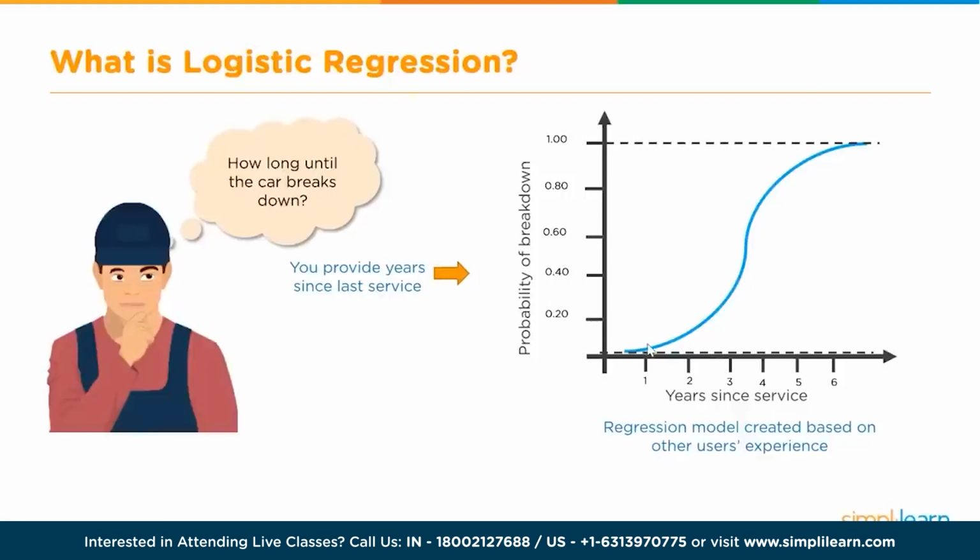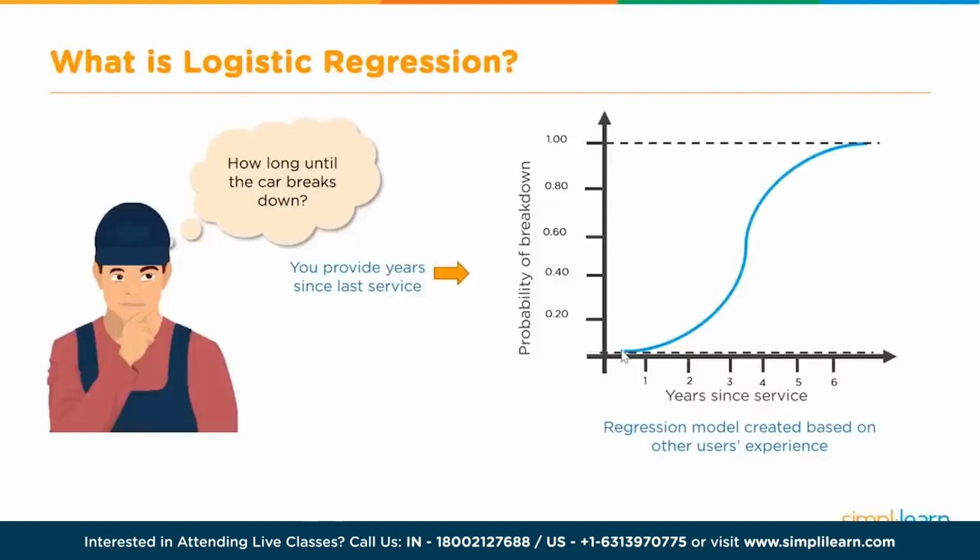So from this graph we can find out whether your car will break down or not. We'll see how. First of all, the probability can go from 0 to 1. As you all are aware, probability can be between 0 and 1. And as we can imagine, it is intuitive as well.